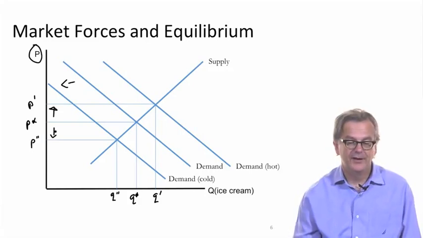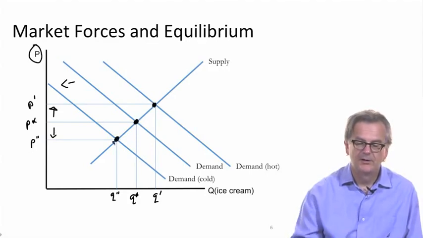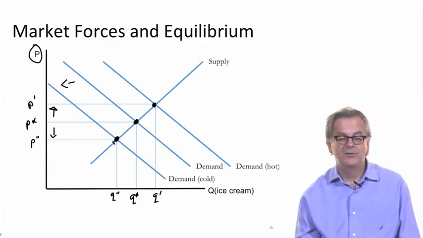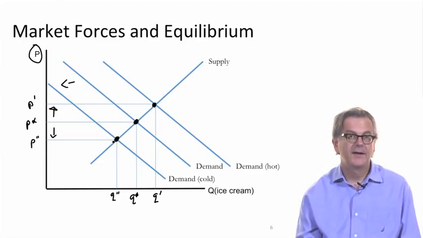And as a result of that, we get this coordination of decisions between producers and consumers. We get different equilibrium points, but they are nonetheless equilibrium points.